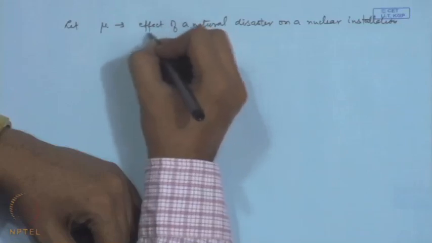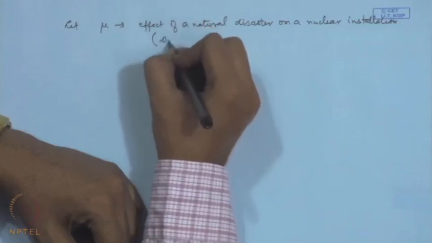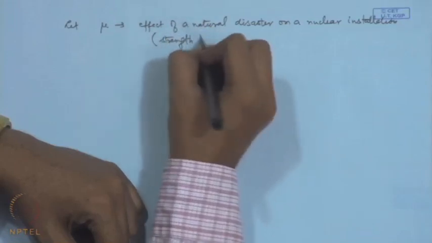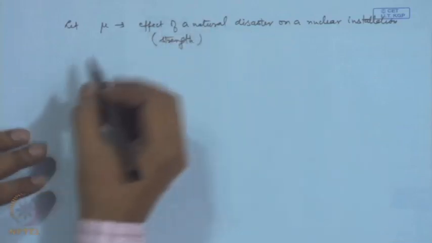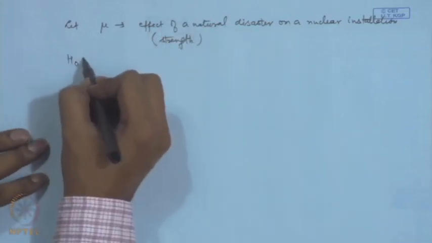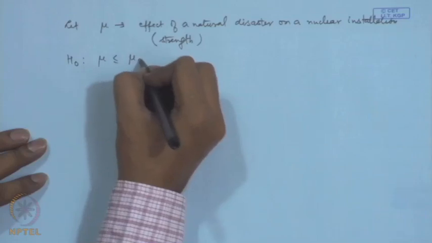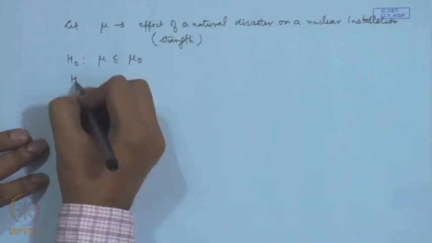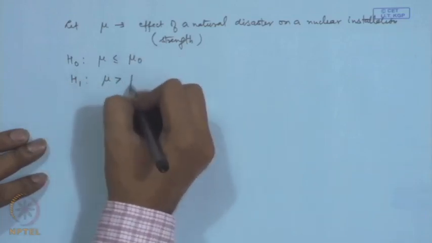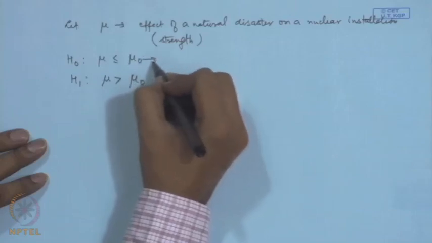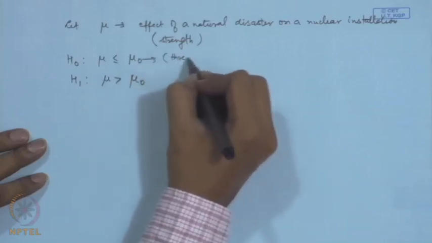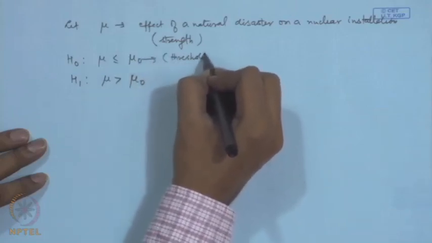Now, this effect is estimated in terms of, say, strength. We may like to check whether mu is less than or equal to a certain specified number, this could be our threshold value, or mu is greater than this threshold value.